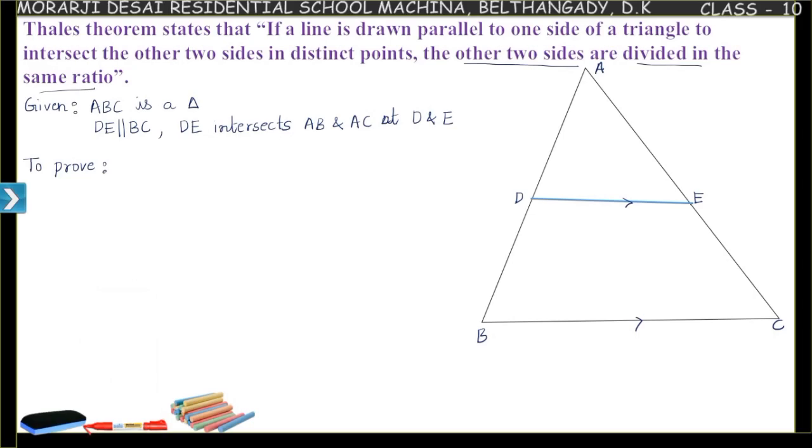Now you have to prove AD by DB is equal to AE by EC. The other two sides are divided in the same ratio, that is AD by DB is equal to AE by EC. This you have to prove.